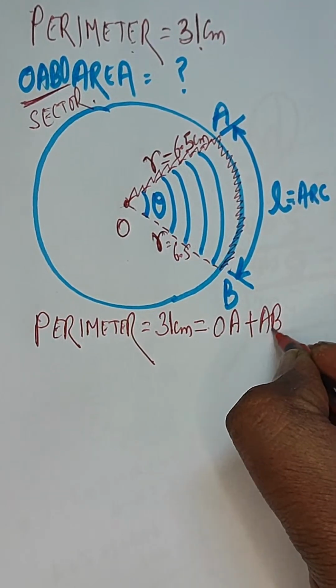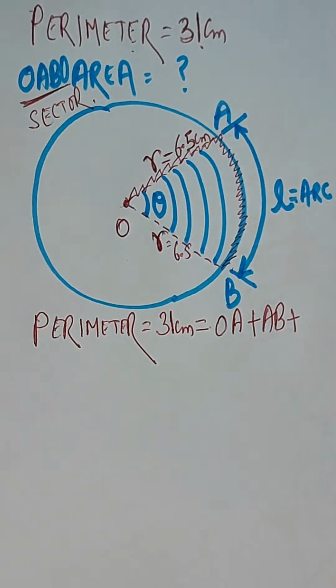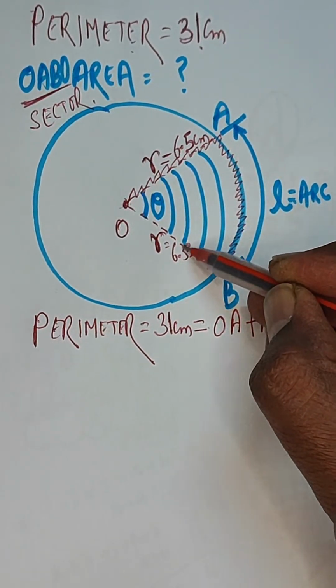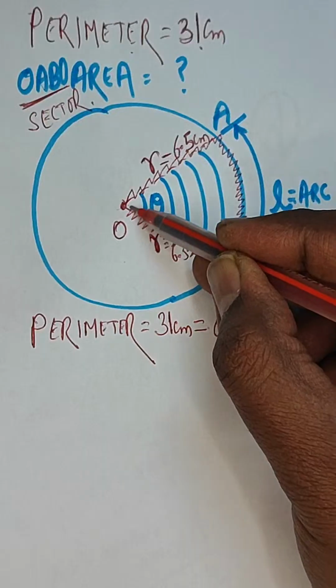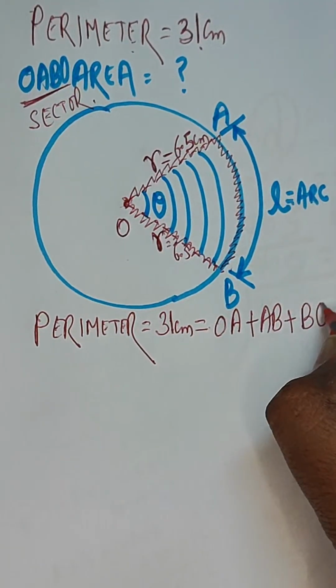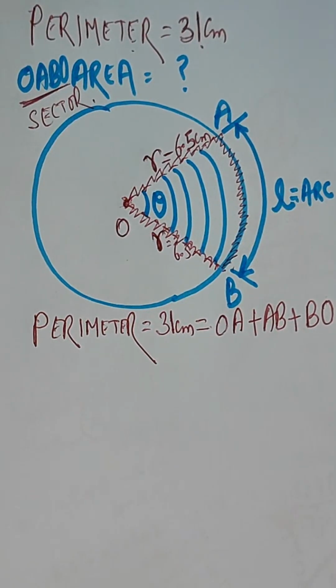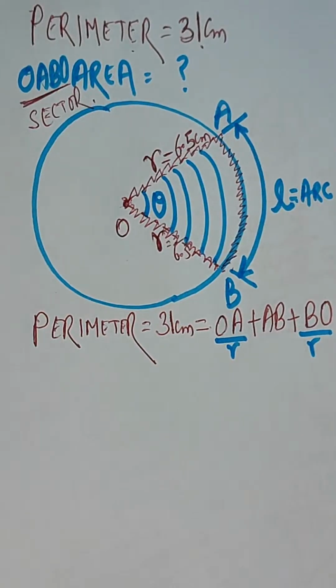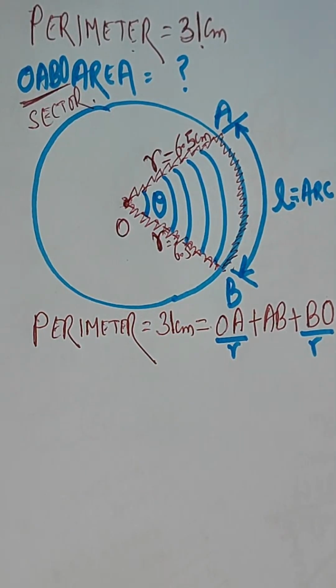Just write AB, we will put in the value in the next step, plus B to O, again the radius, right? Here OA is radius, BO is radius. So put in the values over here.